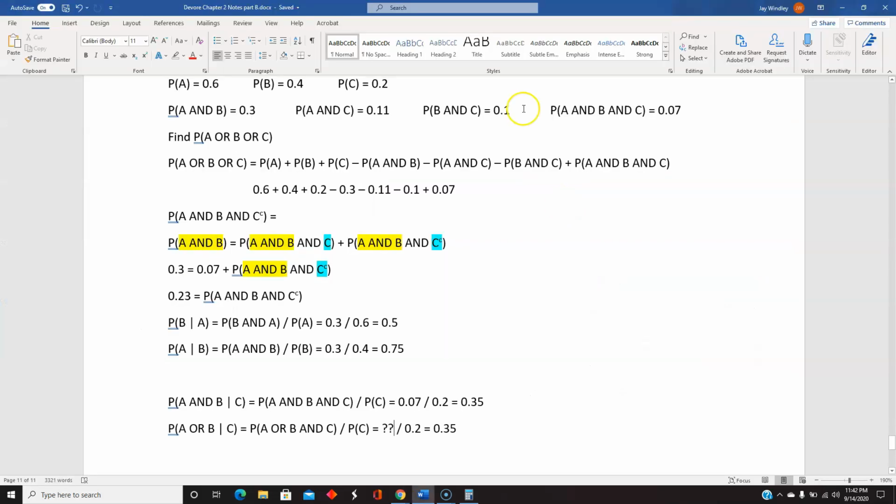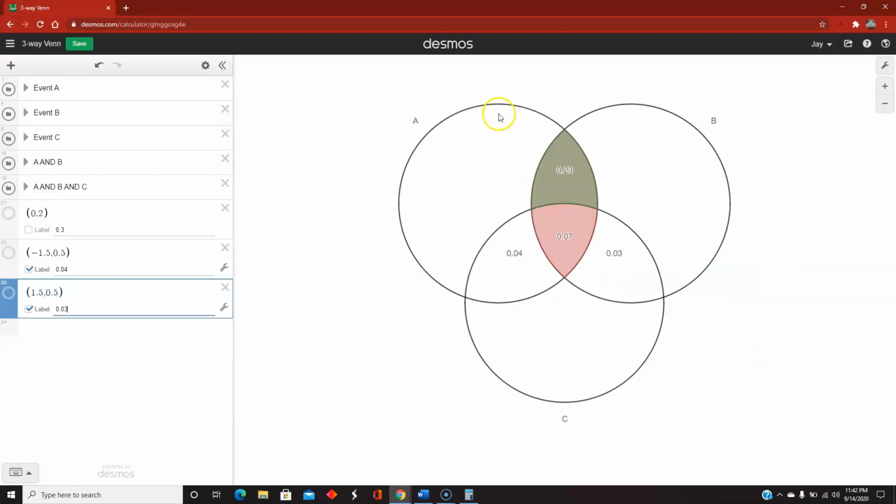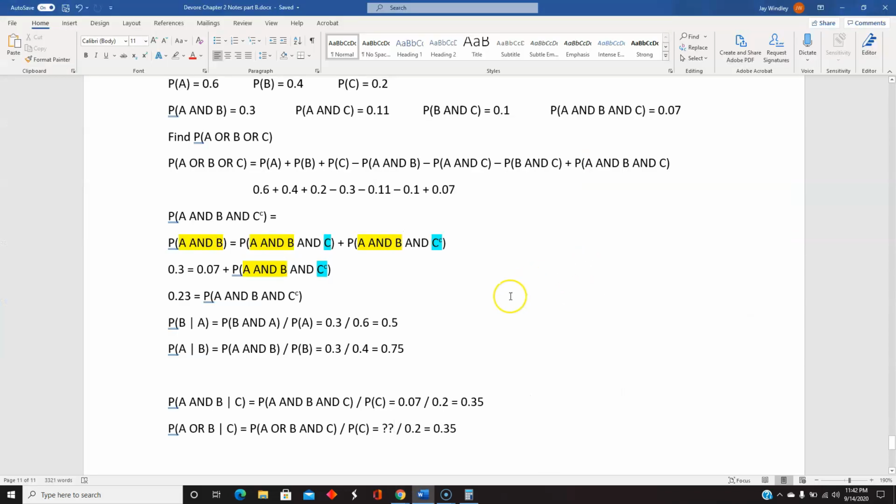Let me just double check. Yeah, B and C was 0.1. So you see these two numbers add up to 0.1. So what is in circle C that is also in A or B? All three of these numbers are in circle C and either in A or B, which is the probability I'm looking for right here.